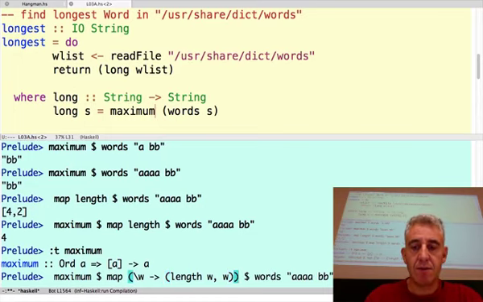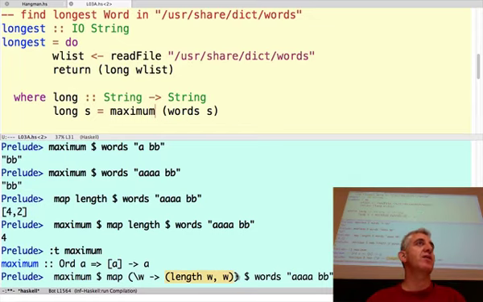Okay? And we see what that's going to do. This is going to produce a list of pairs with the length followed by the word itself. Then when we look for the maximum, the length will be like the first letter of the word, as it were. The length will be the main thing we will sort on.